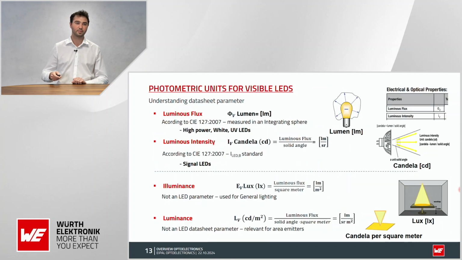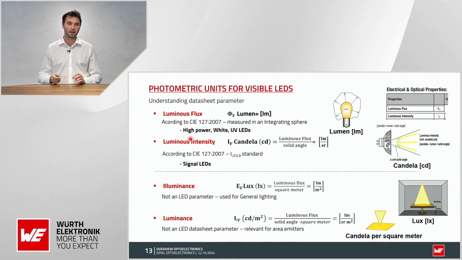Okay, some other units that are necessary for quantifying the amount of light coming out from optoelectronic components are the luminous flux and luminous intensity. For your understanding, the luminous flux you use mainly for LEDs that are meant for illumination. Why?